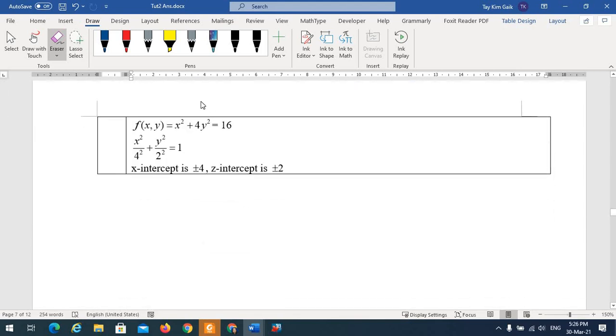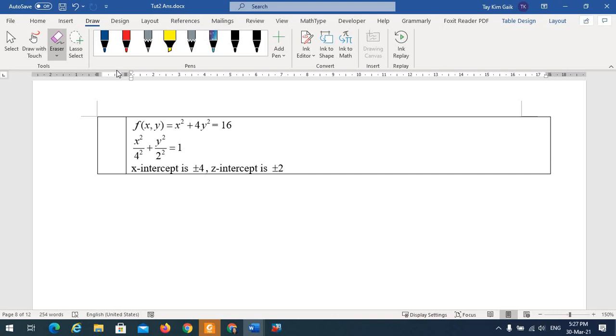Then f(x, y) equal to 16. If I divide both sides by 16, x squared over 4 squared, from here you know the x-intercept is plus or minus 4, or you let y equal 0, so x squared equals 16, and x will be plus or minus 4. Then for 4y squared, I divide by 16, so it becomes y squared divided by 4, or 2 squared.